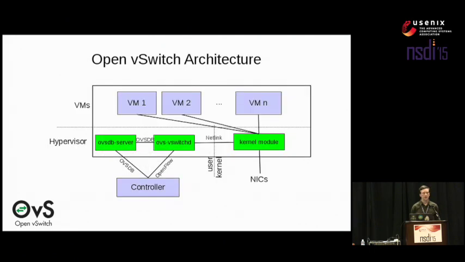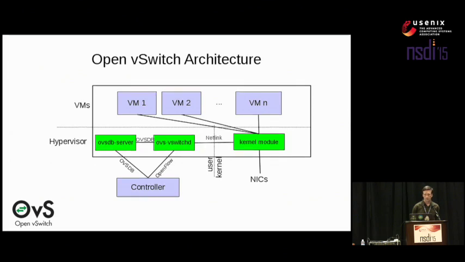The second component there, OVS vSwitchD, is the daemon that actually does the network switching and the data plane components of the switch. It connects also to that same controller remotely over the OpenFlow protocol, which is the main protocol we use for data plane configuration.